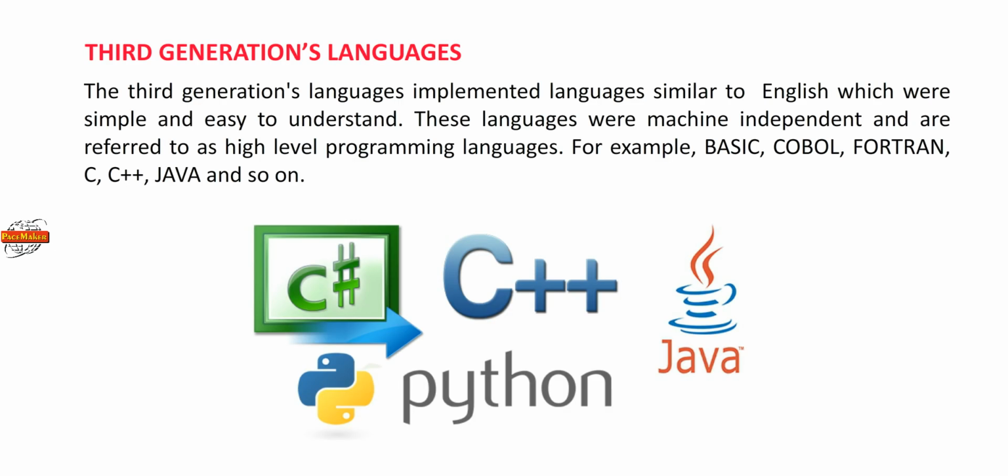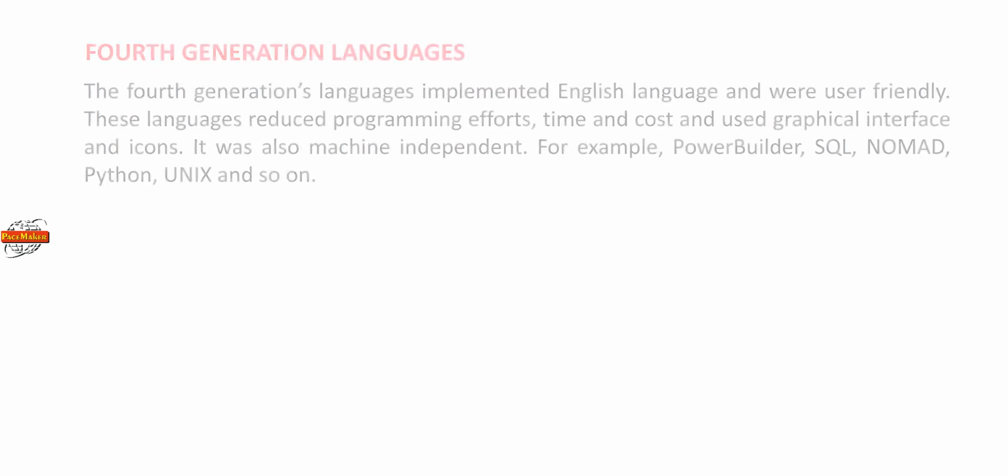Third generation languages implemented languages similar to English, which were simple and easy to understand. These languages were machine independent and are referred to as high-level programming languages. For example, BASIC, COBOL, Fortran, C, C++, Java, and so on.